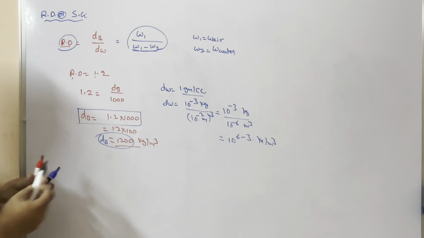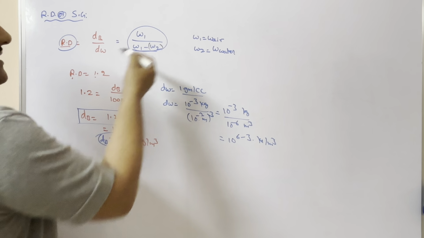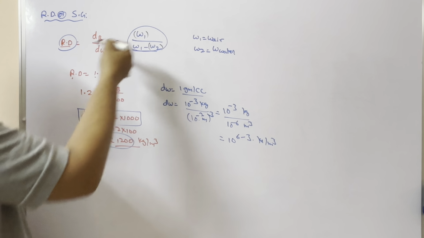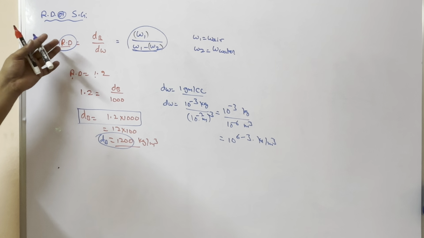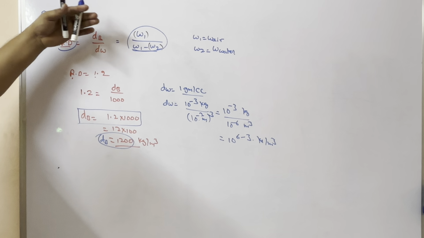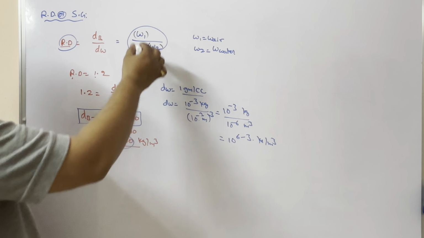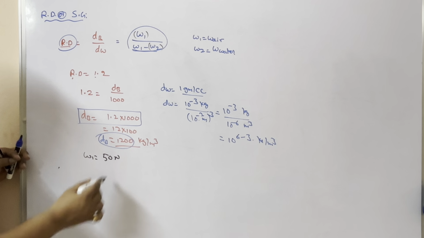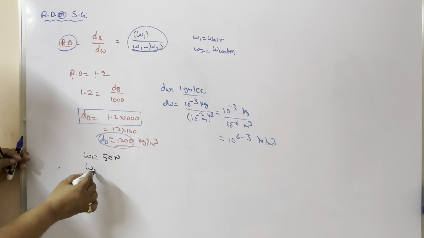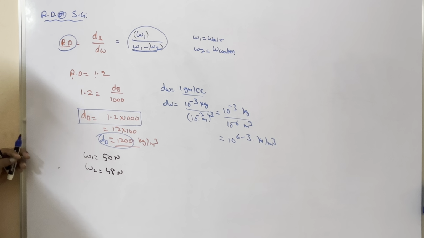Next, sometimes they will give the weight of the object in air and the weight of the object in water. At that time also, you can calculate the relative density and at the same time the density of the body. Let us assume in air, the weight of the object is 50 newtons, and in water, the weight of the object is 48 newtons.